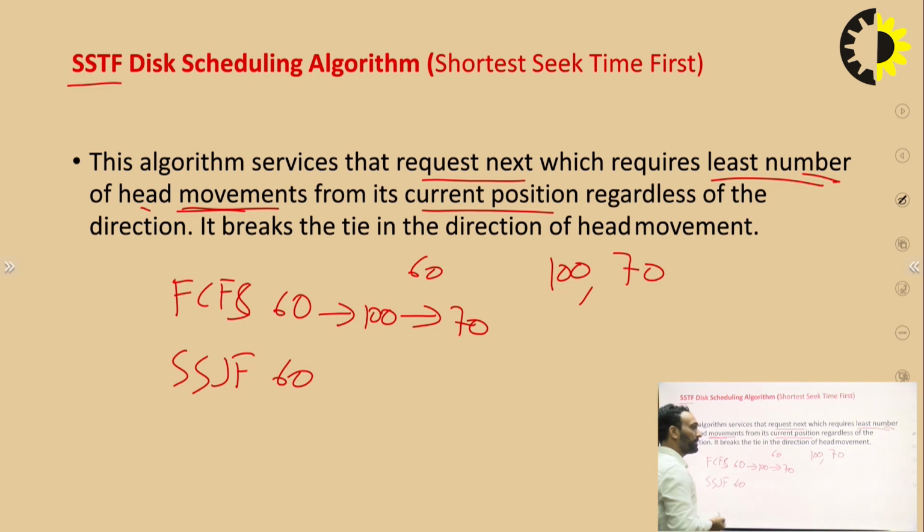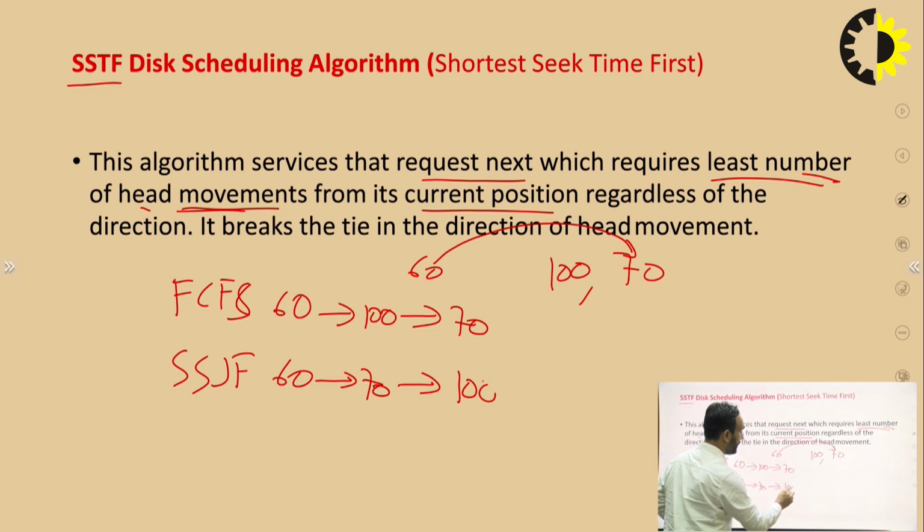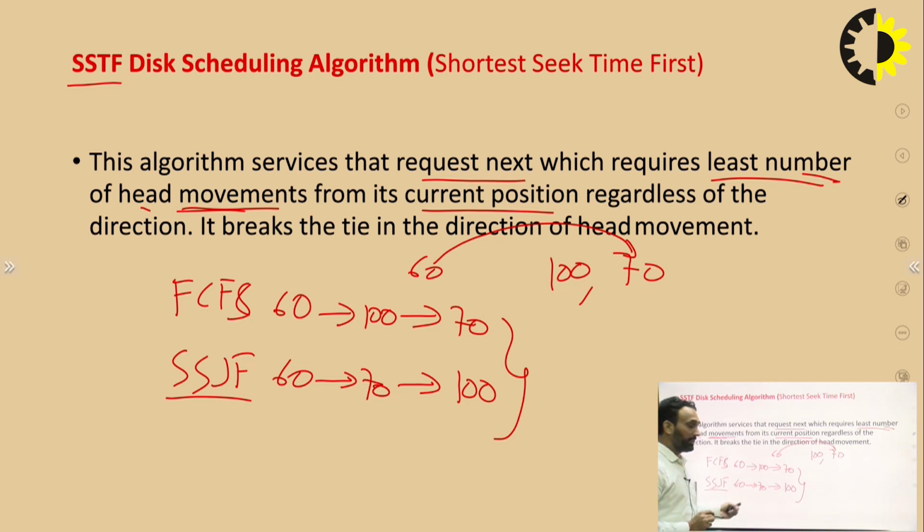So where is the least movement? In this case, that is 60 to 70. So it will run like 60 to 70 and then 100. This is the basic difference between FCFS and SSTF, as we see by taking a very short example.